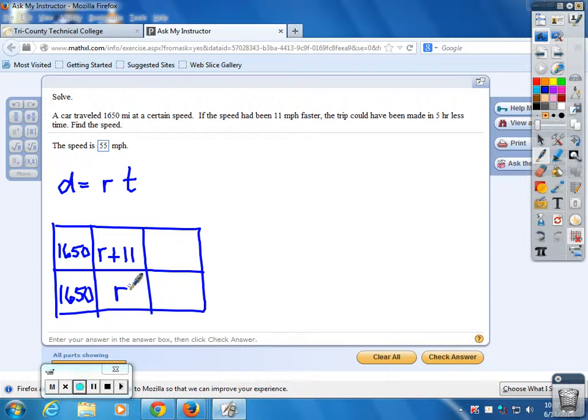And if the speed had been 11 miles per hour faster, the trip would have been 5 hours less. So that T is going to be T minus 5, and this would be T. Everybody with me?